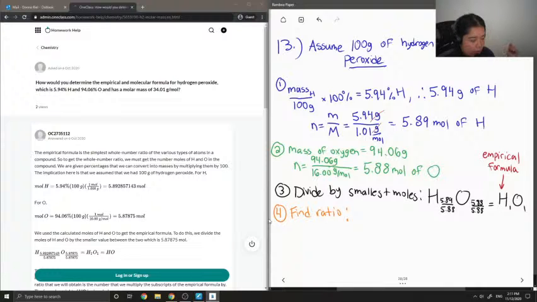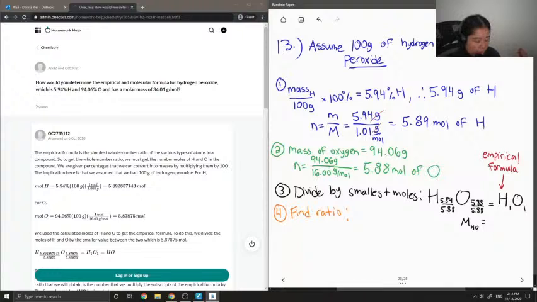So the formula weight of H1O1 is just the same thing as the molar masses of hydrogen and oxygen added together.